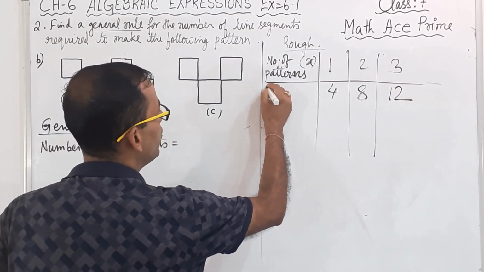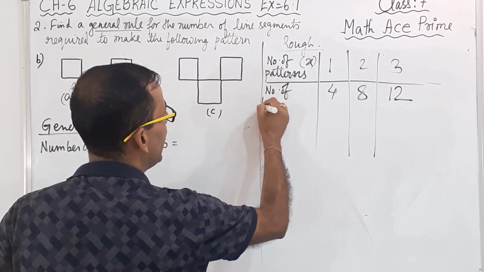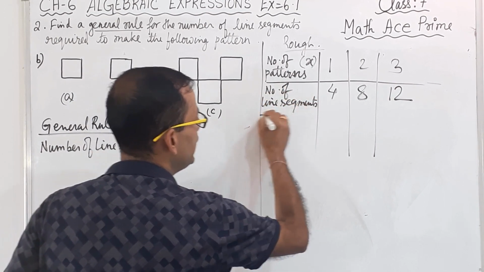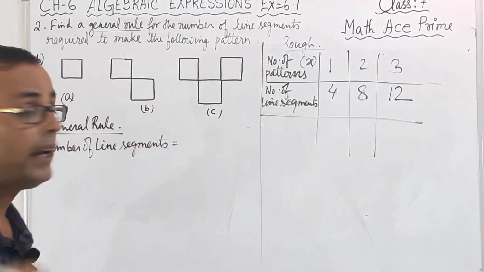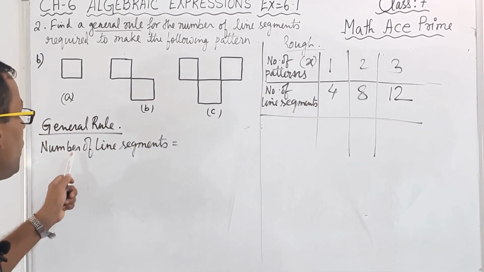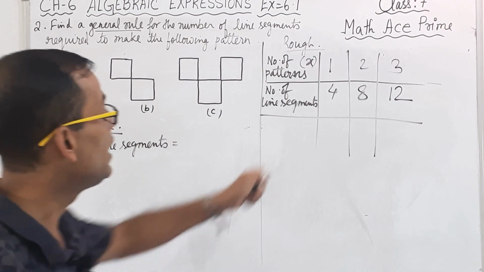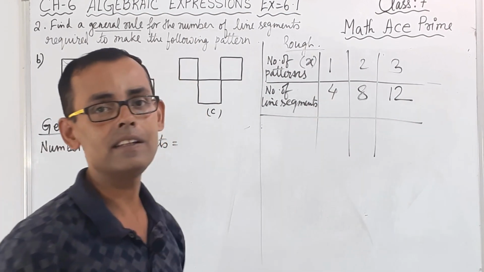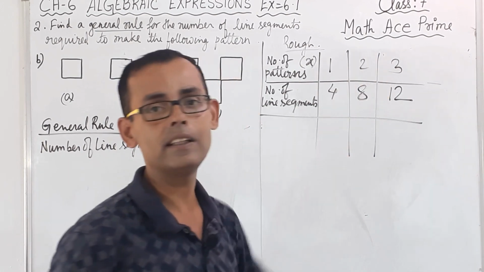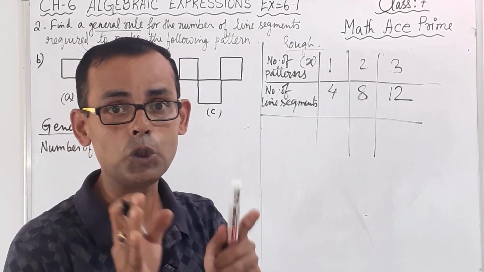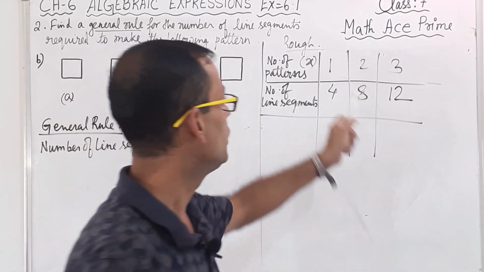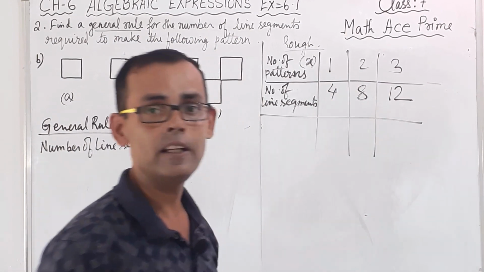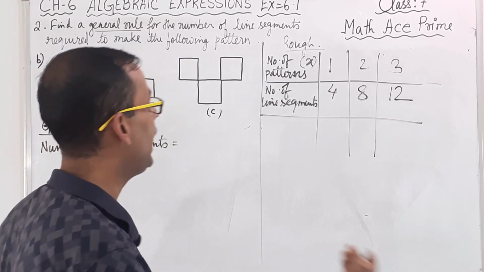Okay. So number of line segments. Now the question is, you have to find out the rule for the number of line segments. That means how you are getting this 4, how you are getting this 8, how you are getting this 12. This question should be in your mind. Then what will be the answer?